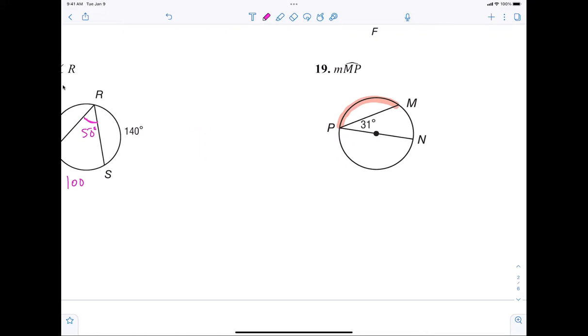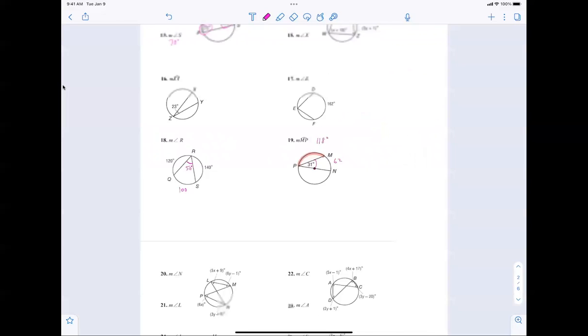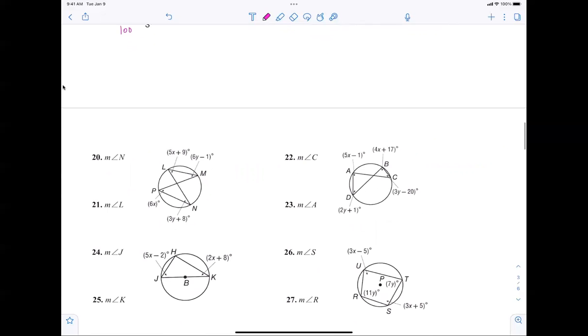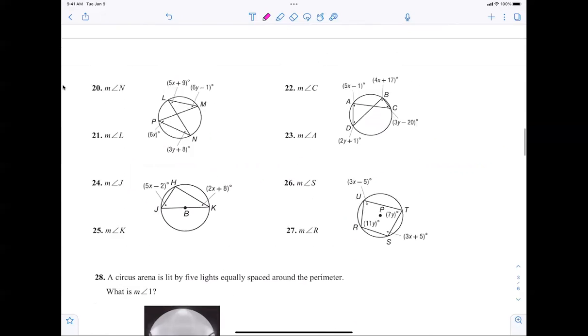How much? I think so. 118. Well, you tell me. If this is 31, so what do I know? So now how do we get 118?